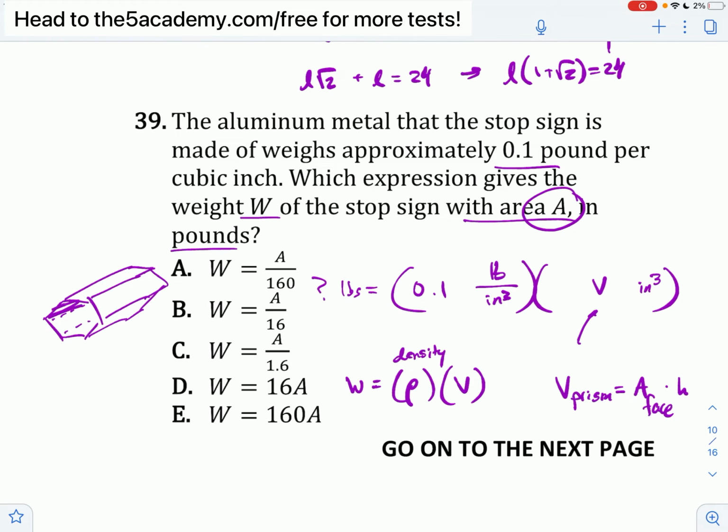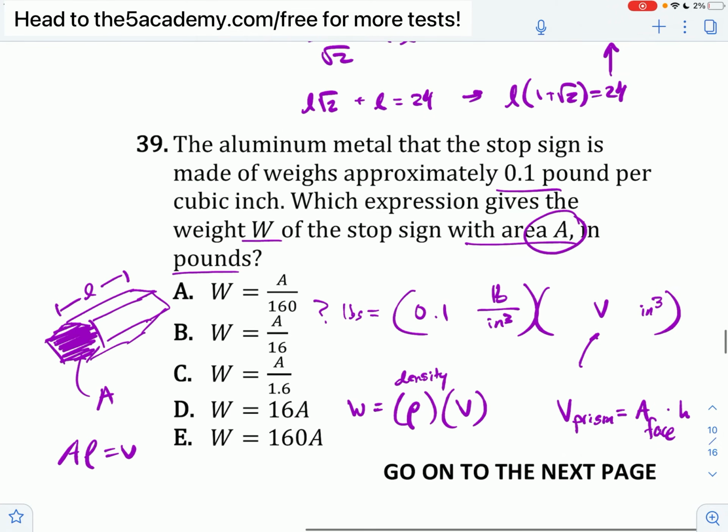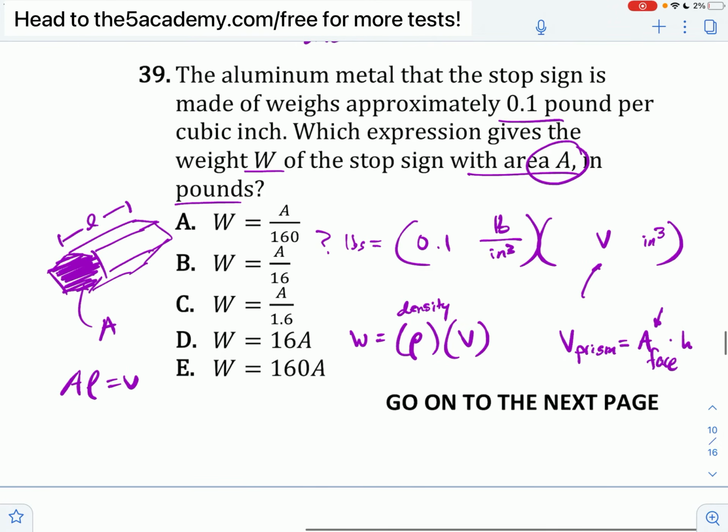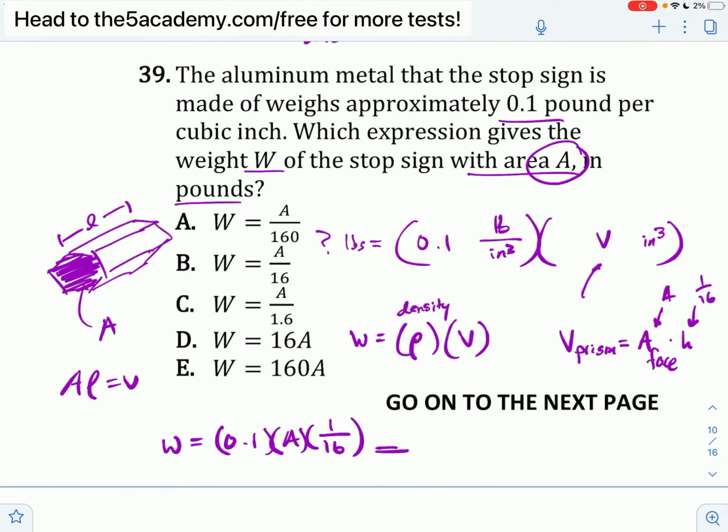So it's just whatever area of this face, you multiply that by the length it's extruded, and you'll get the volume. Same thing applies here. So what's my area of the face? It just says it's A, but my length is given as 1/16. So I can calculate this as weight equals 0.1 pounds times area times 1/16. That comes out to area over 160. So 39 should be A.